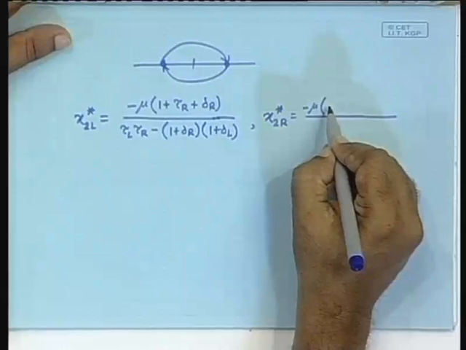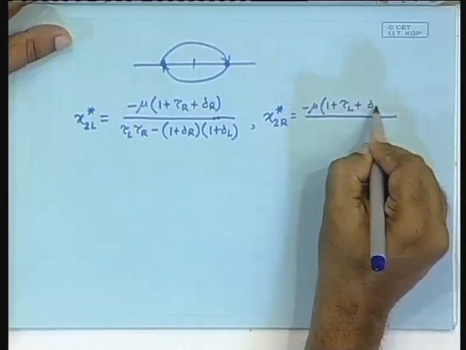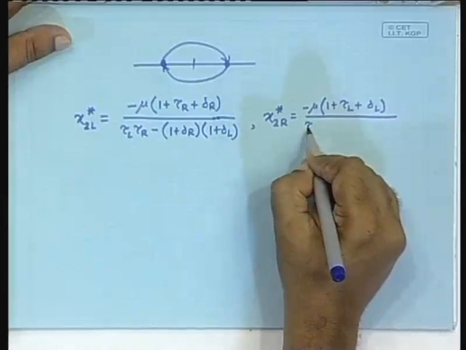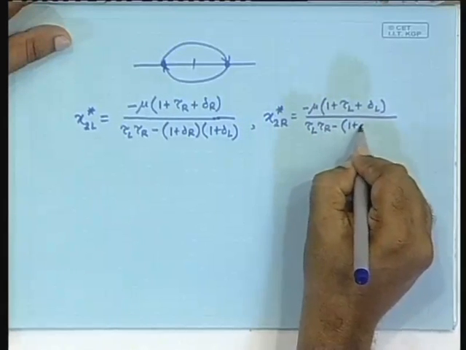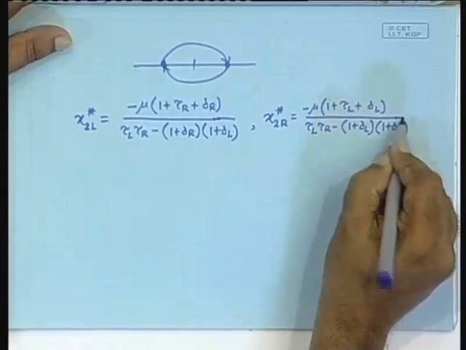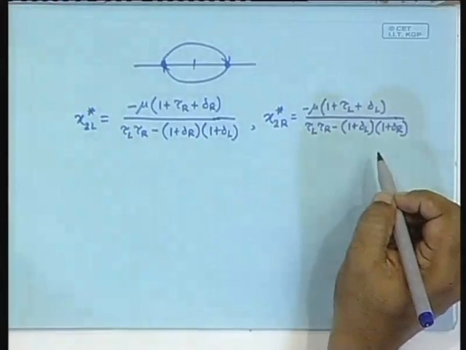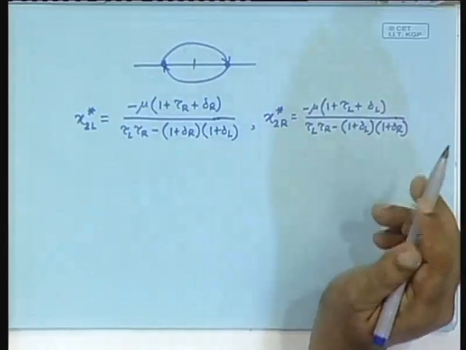So, I can blindly write 1 plus tau L plus delta L by tau L tau r minus 1 plus delta L, okay. The denominators are the same, only the numerators are different.